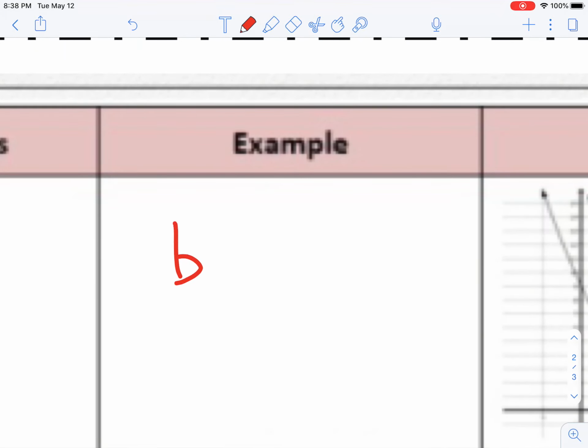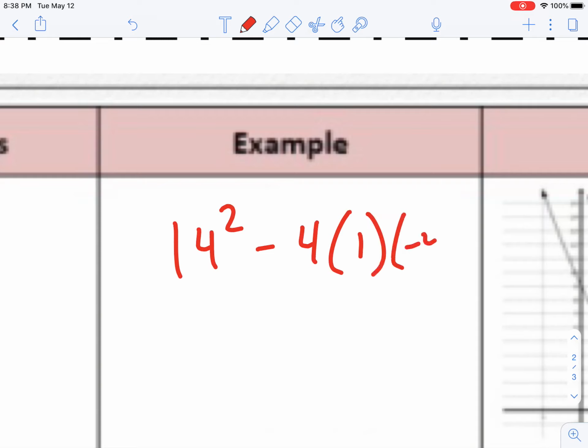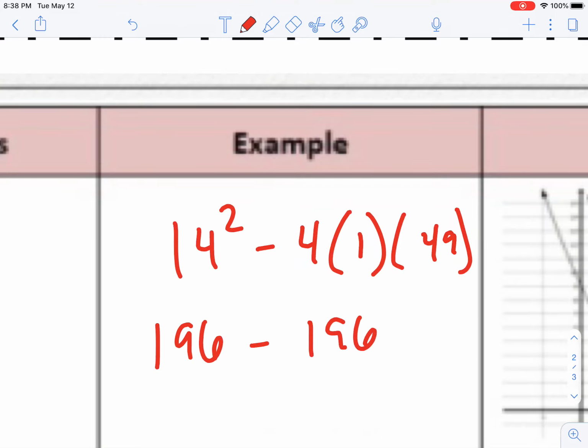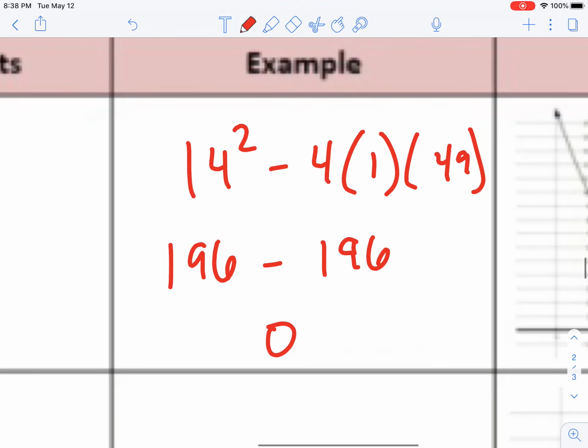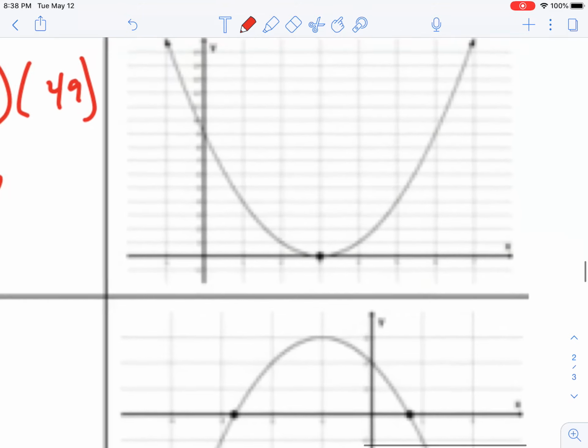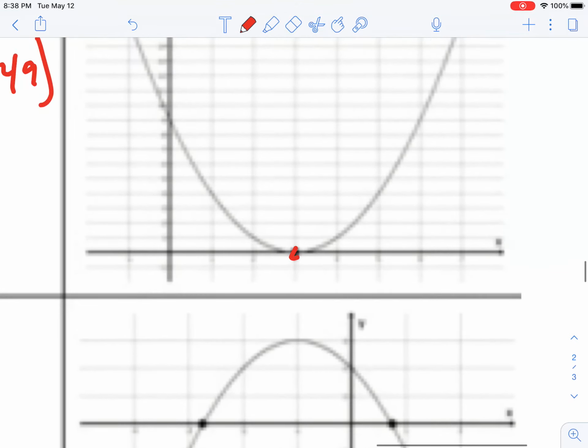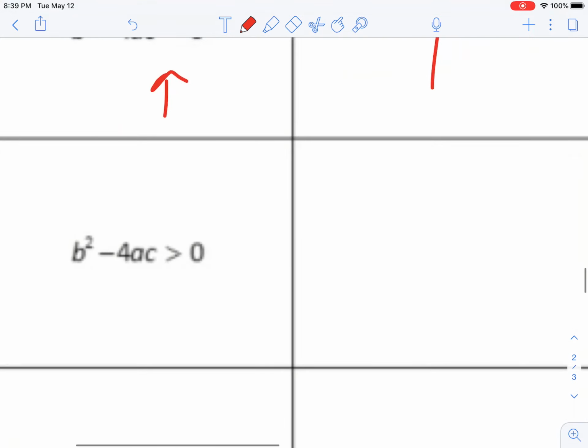So b squared, 14 squared, minus 4 times 1 times 49. That's the one we did above. We knew that this is 196 minus 4 times 49, which is also 196. It comes out to be 0, which would be 1 solution, which means it touches the graph at 1 spot on the x-axis.